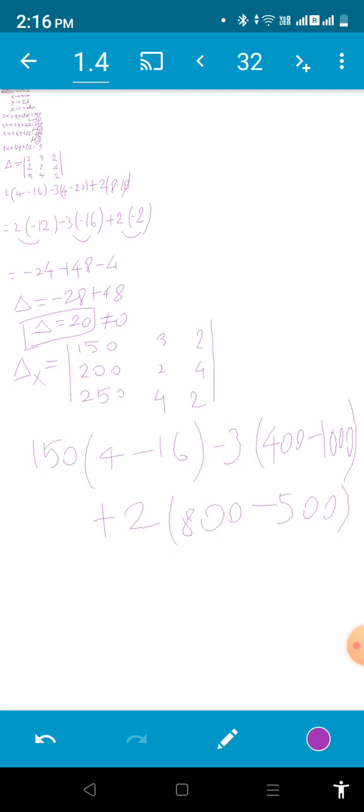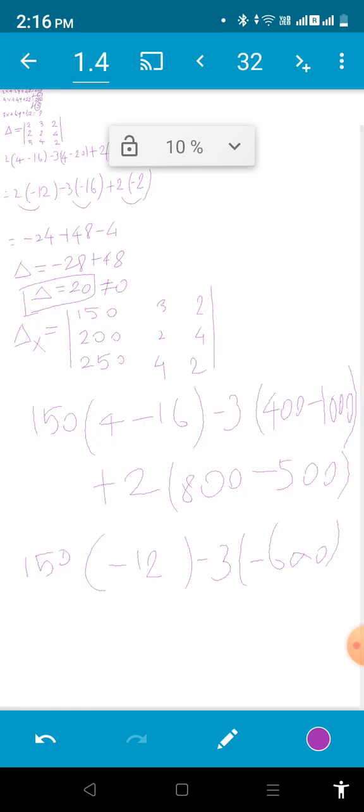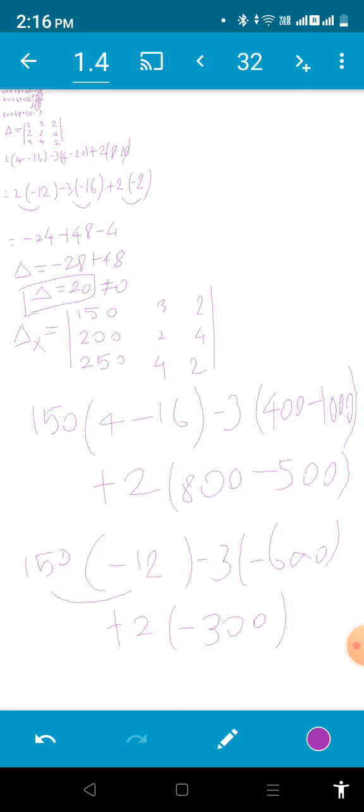So from this equation, 150 into minus 12, minus 3 into minus 600, similarly plus 2 into minus 300. I multiply these values and get minus 1800. Minus into minus is plus 1800.